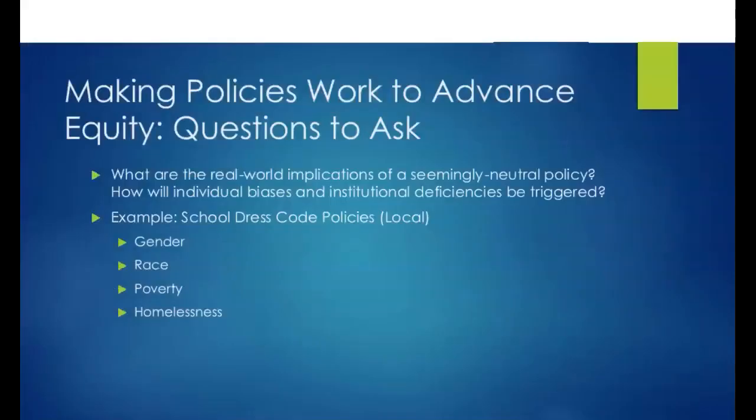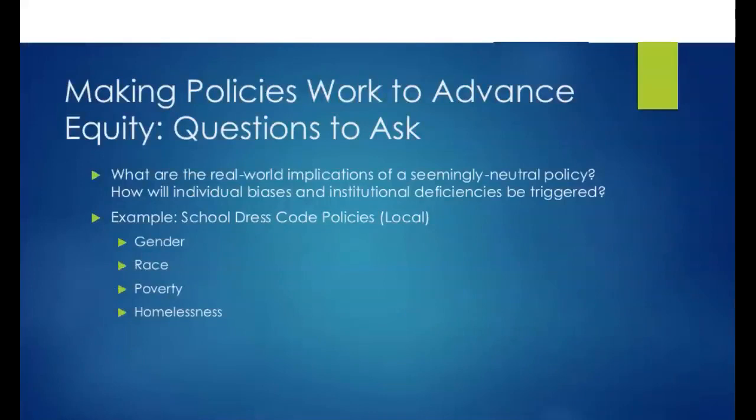The last consideration, as an example of all of this, of using policies to advance equity: I like to ask what the real world implications of a seemingly neutral policy are, and how individual biases and institutional deficiencies can be triggered by the policy.